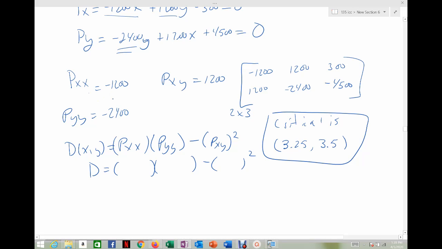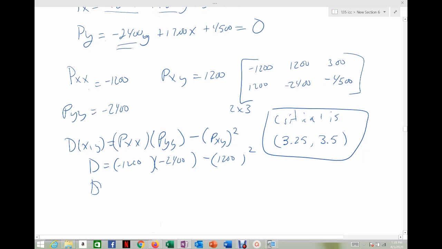Just to make sure I go in the right spot: negative 1200 goes into the xx spot, negative 2400 goes into the yy, and positive 1200. And then multiply it out. And it comes out to a fairly large number, which is a big positive number.